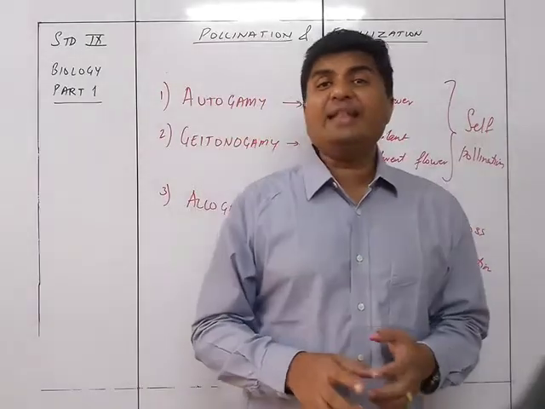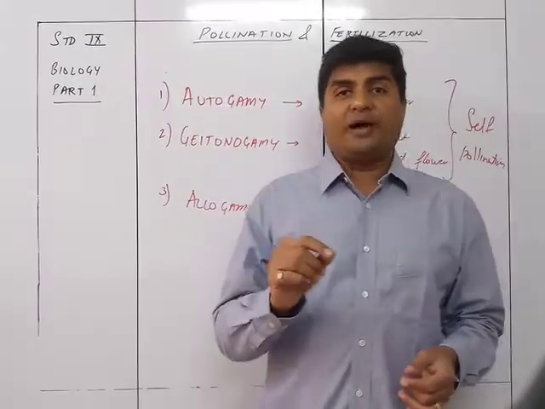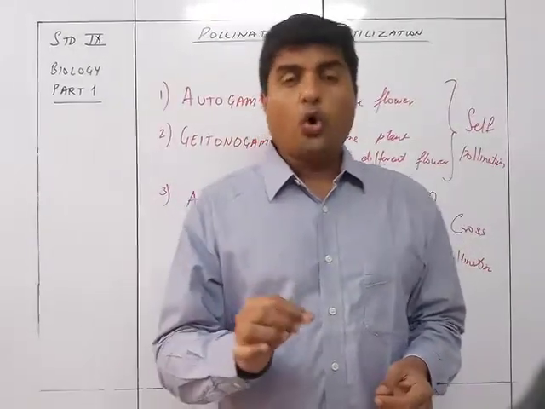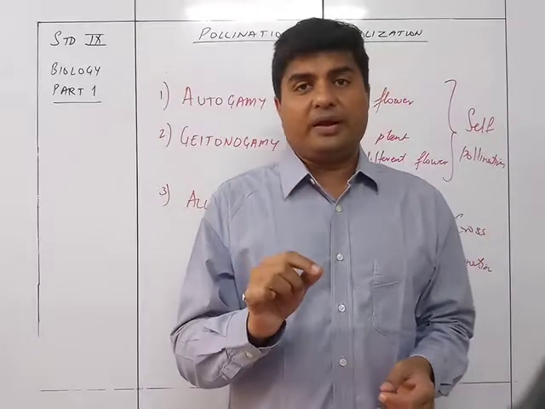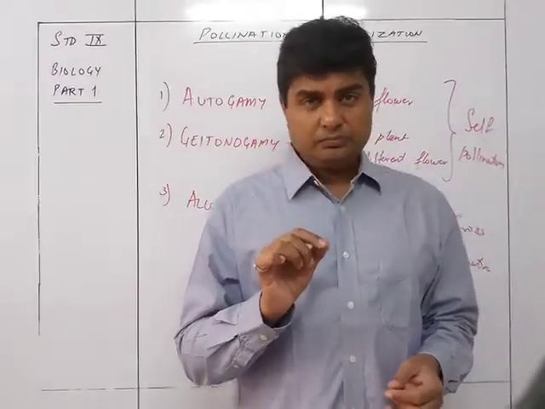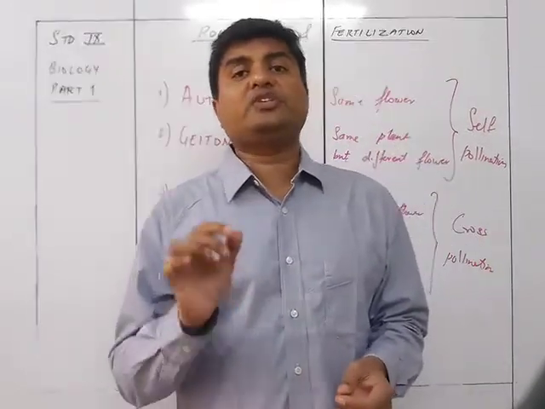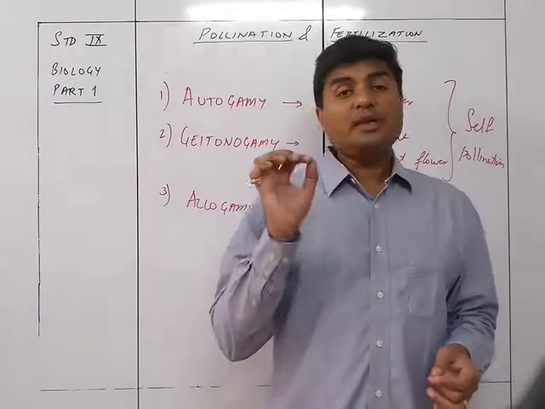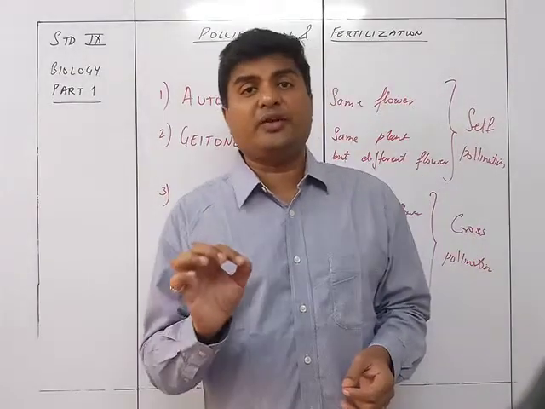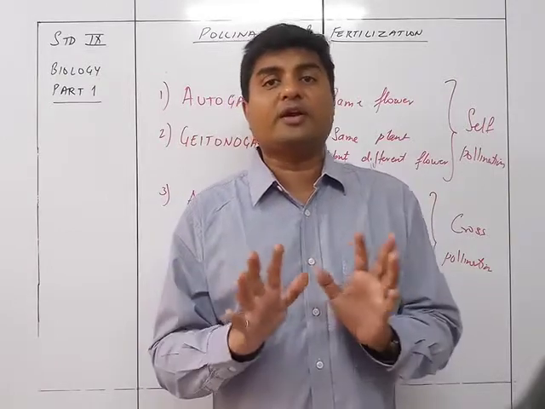But it will be seen that the stigma of a flower will accept only that particular pollen grain which is coming from its own species. If any pollen grain is coming from a species which is not its own, that pollen grain will not germinate further, the process is not going to go further, and the pollen grain will perish.